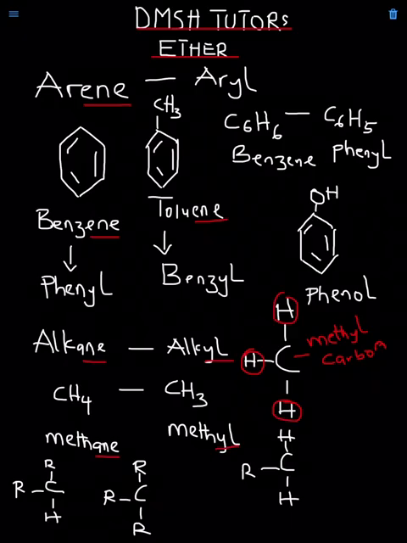So this one, we have an alkyl group. By the way, our alkyl groups are represented by R. Do you get that? R. So they can be methyl, ethyl, propyl, butyl, pentyl, etc. Now an alkyl group is attached to the carbon in this case, and it is only one alkyl group that is attached to the carbon.